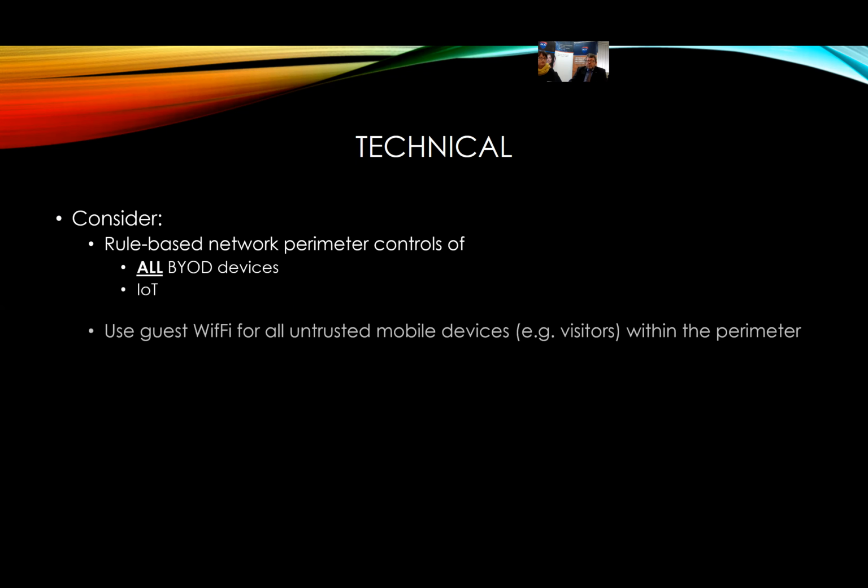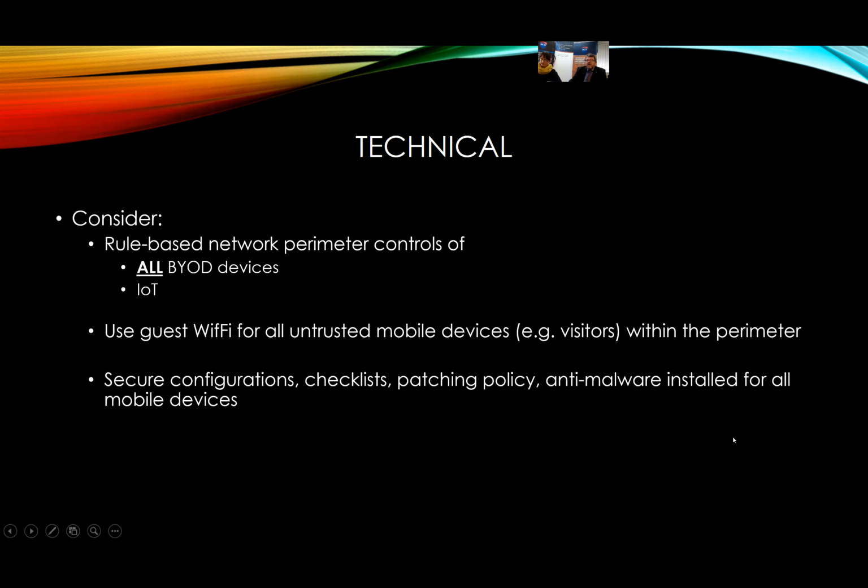IoT devices I mentioned already, they kind of fall into the same basket. Wi-Fi, if you're going to provide Wi-Fi for visitors, then consider the policies and controls around that. What are you going to allow those folks to do?